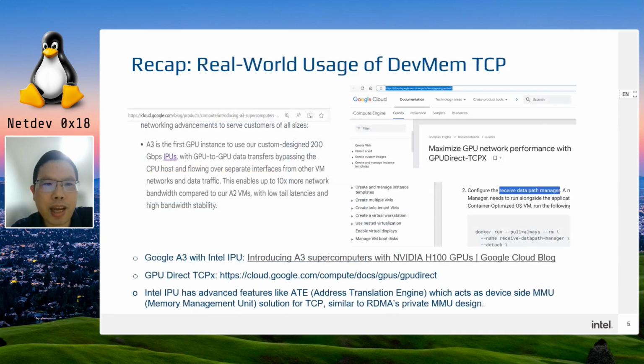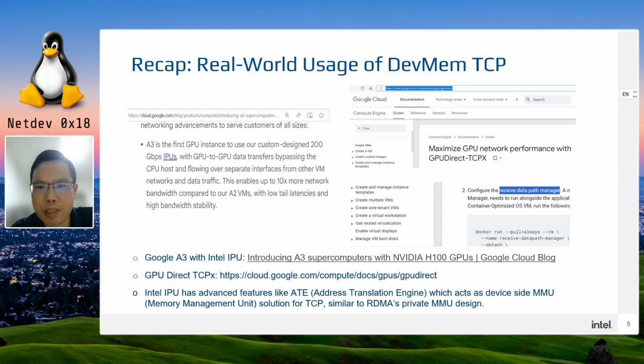And the third recap is the real-world usage. Google already uses it in their real product, the A3 instance. Their commercial name for this technology is GPUDirect-TCPX, and they use the Intel IPU for the networking. The Intel IPU has several advanced features for this device memory TCP.